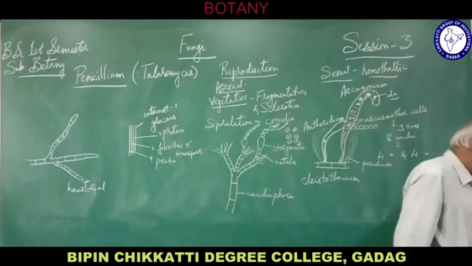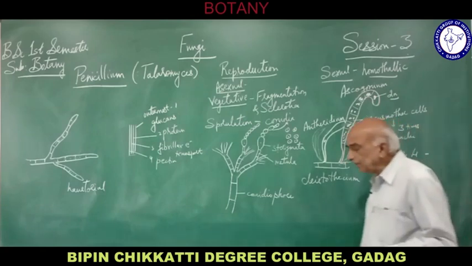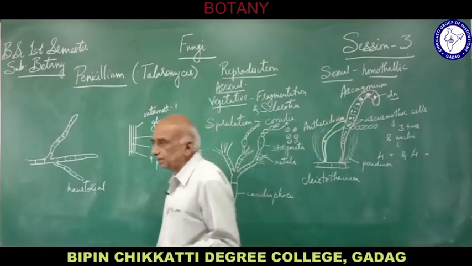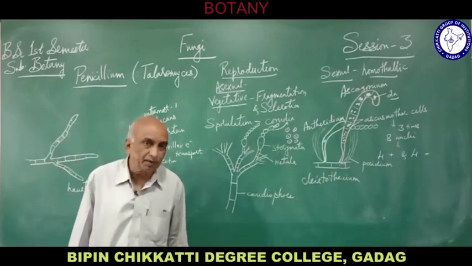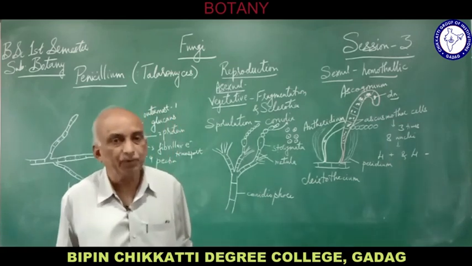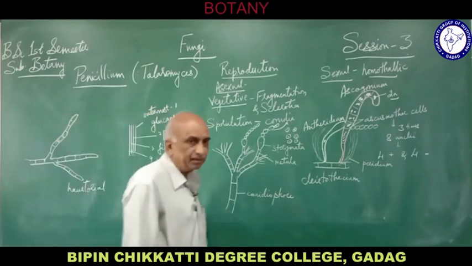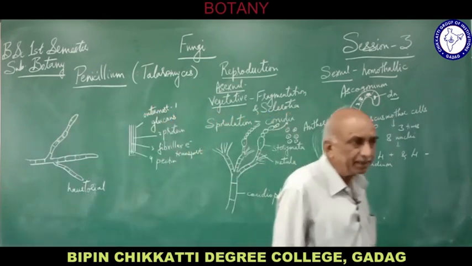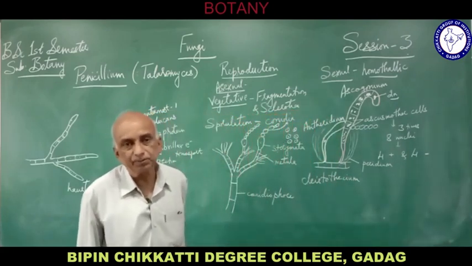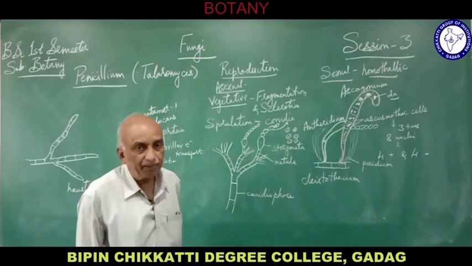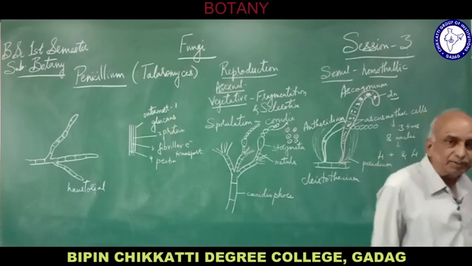When these ascospores fall on a suitable medium and there are favorable conditions, they germinate. Sometimes even though the substratum is suitable, the conditions are not favorable. For example, moisture and temperature are very important for germination of the spores. When there is severe cold or very low temperature, or not sufficient moisture, when there is dry air, the spores will not germinate.